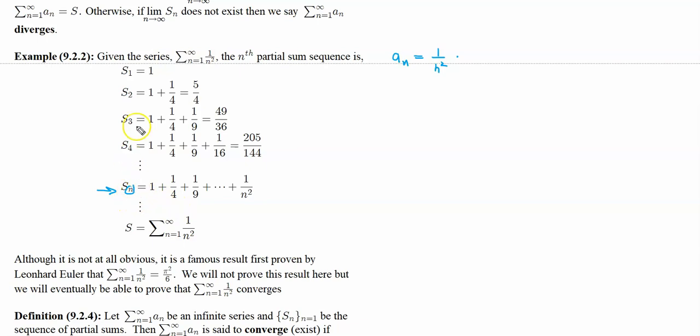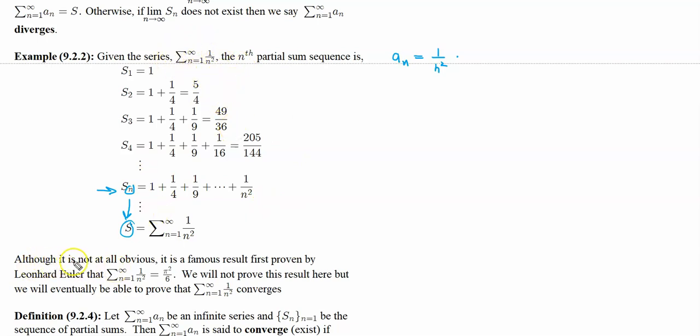As long as this sequence converges to the number s, as long as that exists, we would then state that this series, 1 over n squared, converges to the number s. So that's what we mean by the nth partial sums for this particular series.